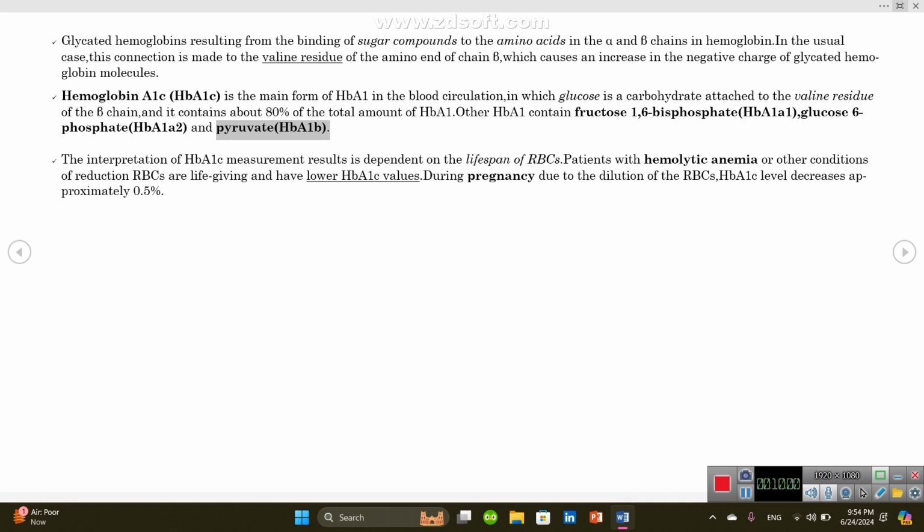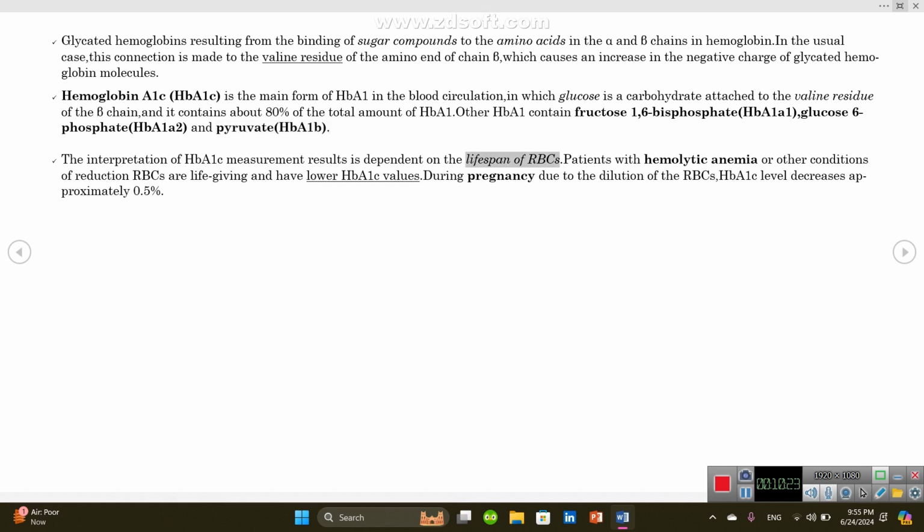Actually, using HbA1c has a lot of advantages. Sorry, I have to say there are some conditions which may affect the HbA1c values. The interpretation of HbA1c measurement results is dependent on the lifespan of RBCs.